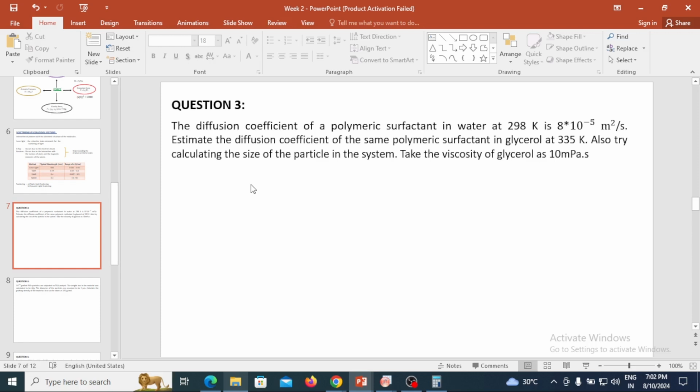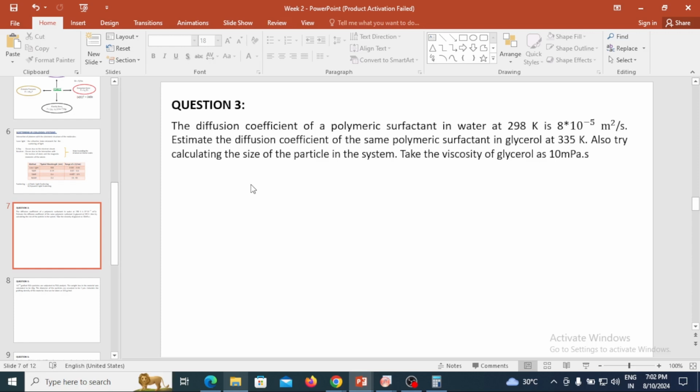So the question goes like this. It is stated that the diffusion coefficient, so your capital D, of a polymeric surfactant in water at 298 Kelvin is given as 8 times 10 to the power minus 5 meter square per second. So this is the unit of the diffusion coefficient or diffusivity, meter square per second.